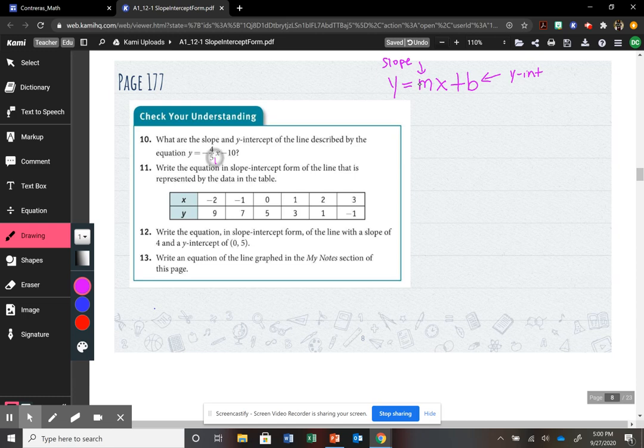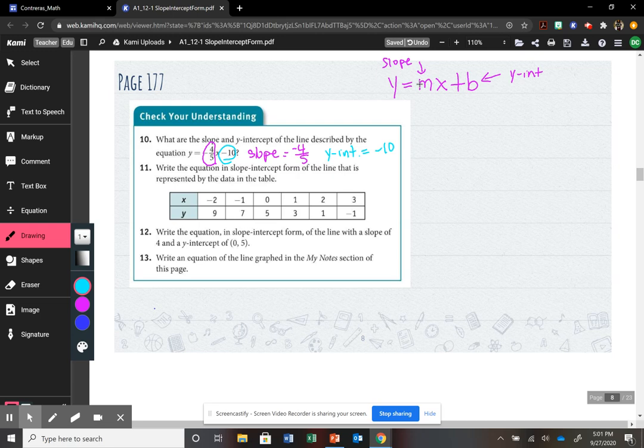So remember, this is our m, which is our slope. So our slope is -4/5. And our y-intercept is right here. It's not a plus, so our y-intercept is actually -10. All right, so far so good.